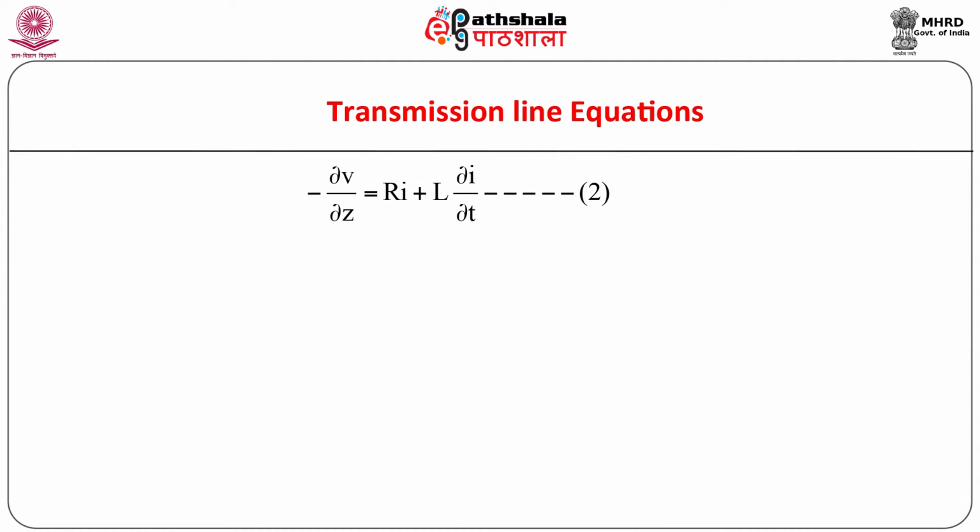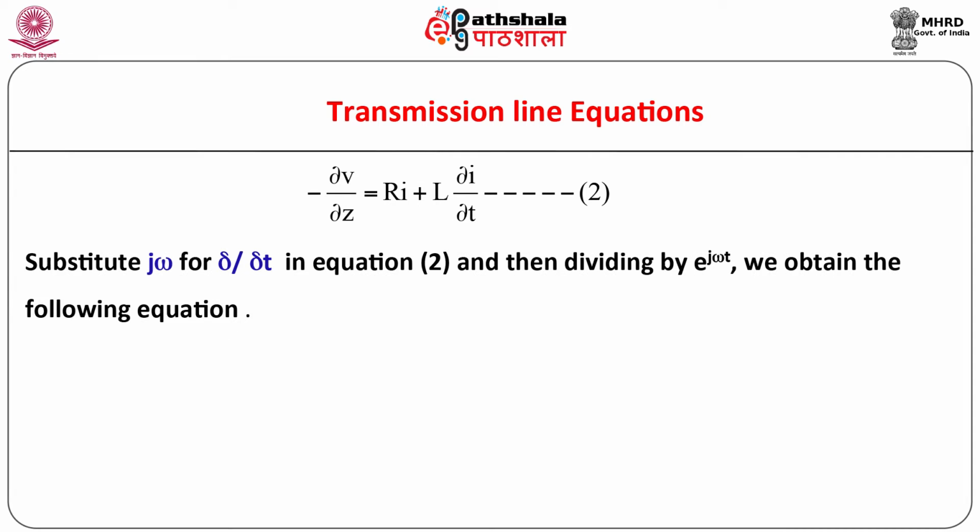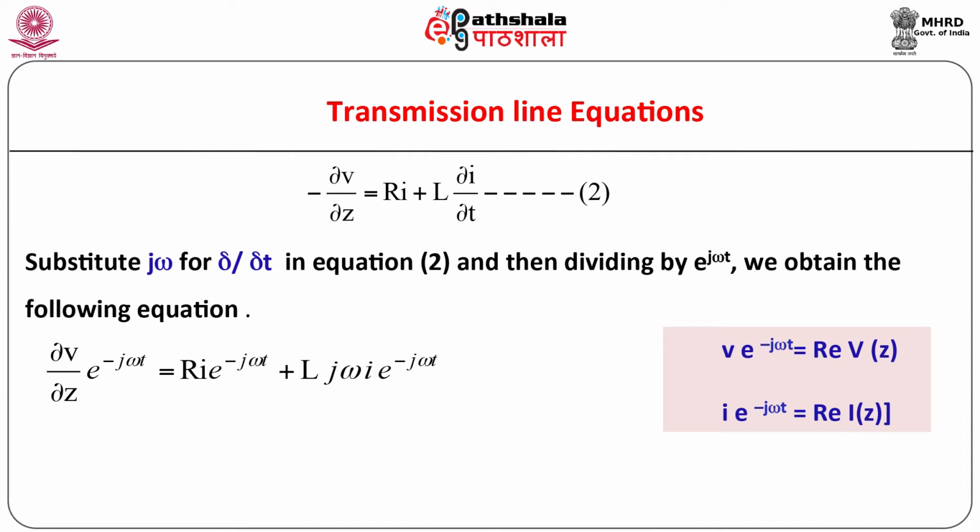Consider equation number 2 derived earlier. Substitute j omega for del by del t in equation number 2 and then divide by e raised to j omega t, and we obtain equation number 2 dash as shown. Now, by noting that Iz(t) is equal to the real part of Iz into e raised to j omega t and Vz(t) is equal to the real part of Vz into e raised to j omega t, we understand the equation as shown.